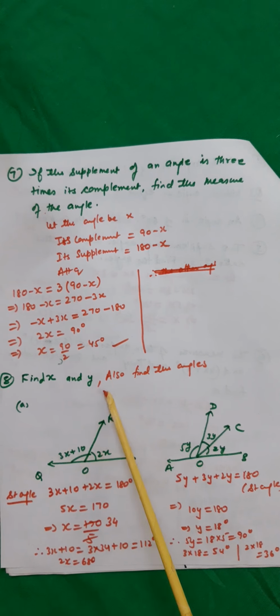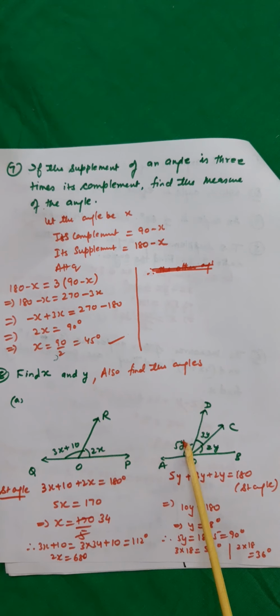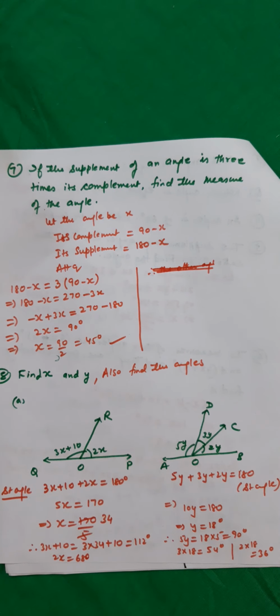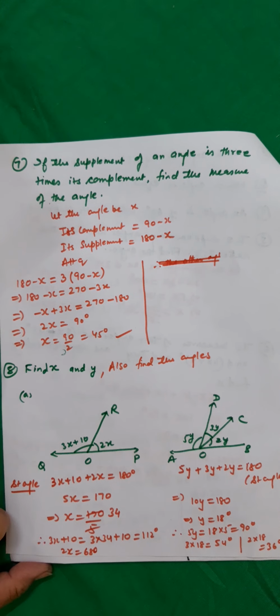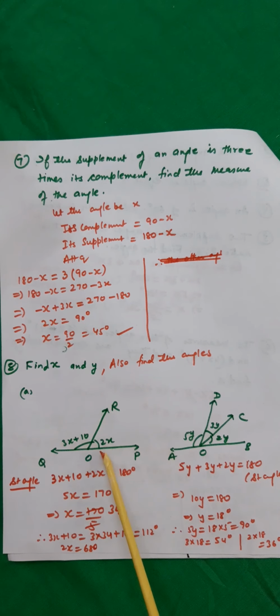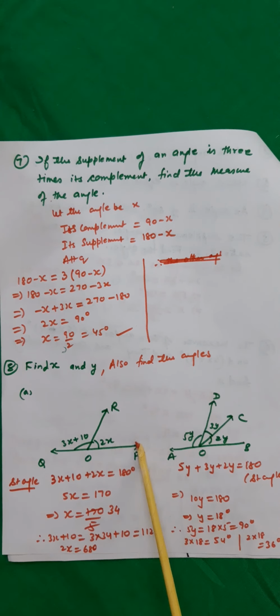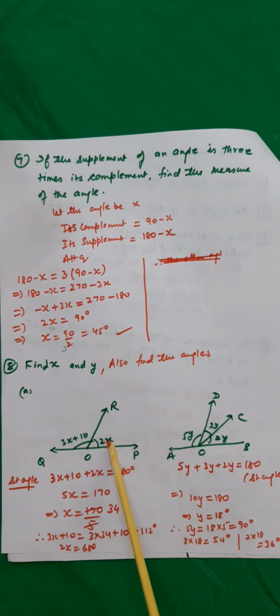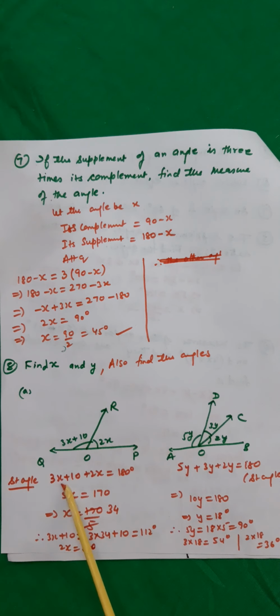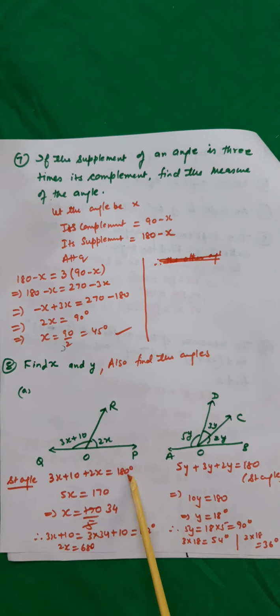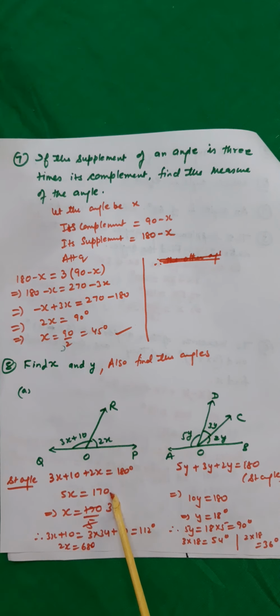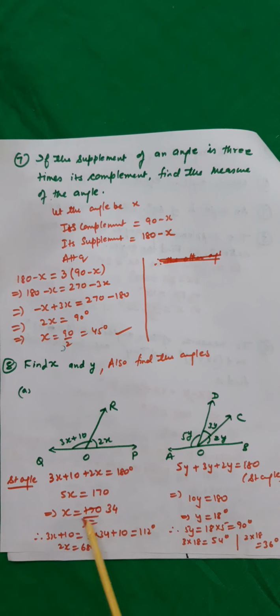Find x and y and also find the angles. These figures are given and from here you have to find the values of x and y. Look at the first figure. Here since they are forming a straight angle, their sum should be 180. So we can write 3x plus 10 plus 2x is equal to 180, which implies 5x is equal to 170, implies x is equal to 170 divided by 5.